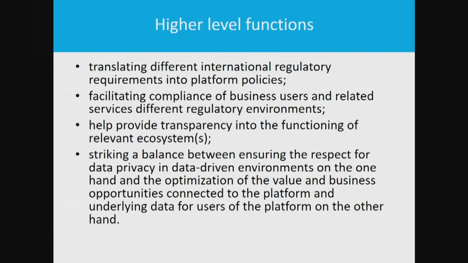So higher level functions are also interesting to look at. There, I'm really interested in the way that platforms can play this role in translating different international, or maybe the better word here is jurisdictional, regulatory requirements into platform policies.